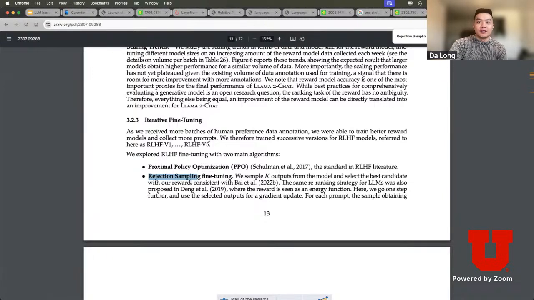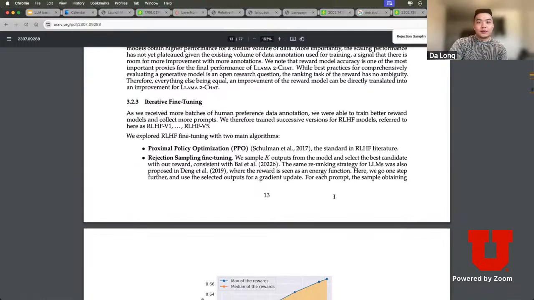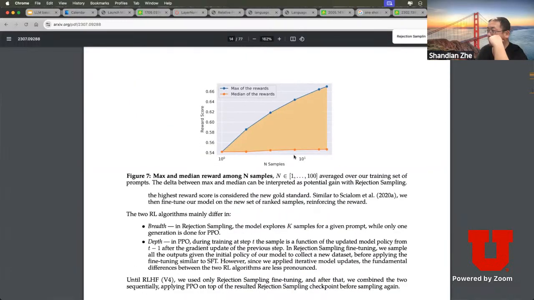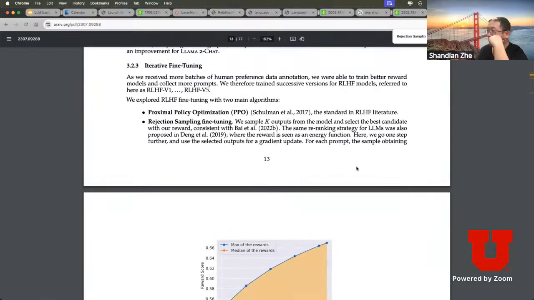Okay, so this is not human selected, it is by the reward model. They use the selected outputs for gradient update.